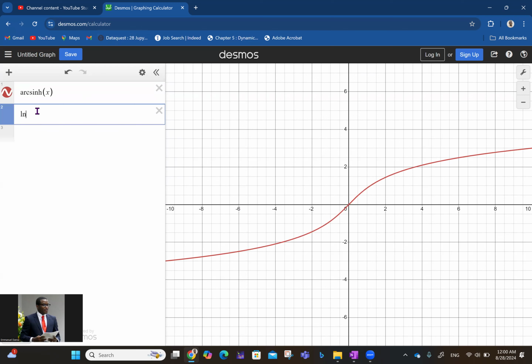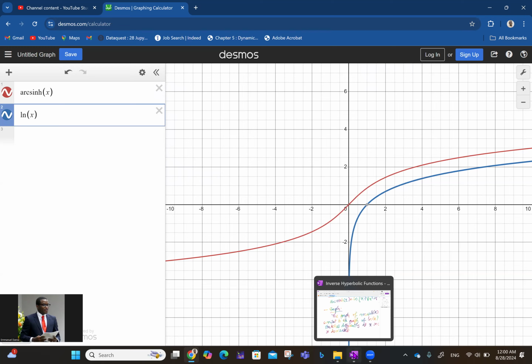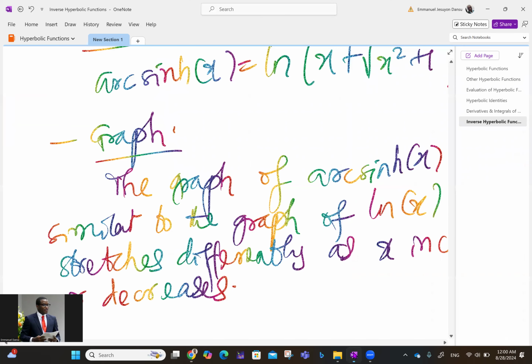Since it looks like ln x, let's see what ln x itself looks like. ln x is coming straight from the line and then it emerges and goes that way. So the stretching is different. That's the closest thing we can compare that to. Okay, so that is arcsinh x.